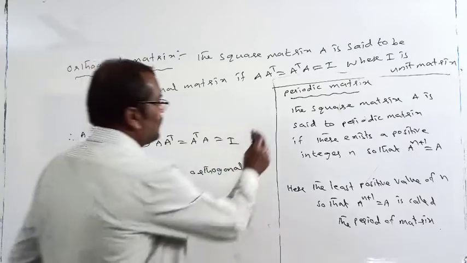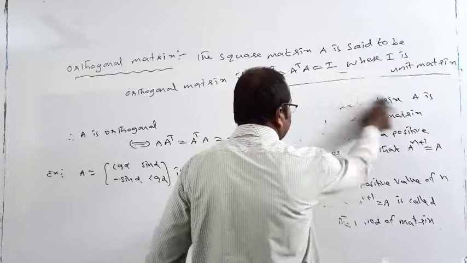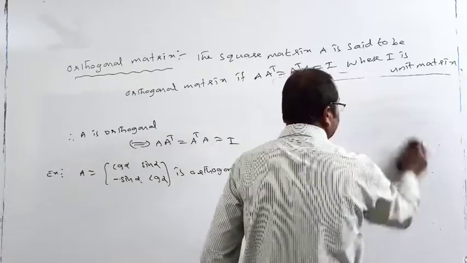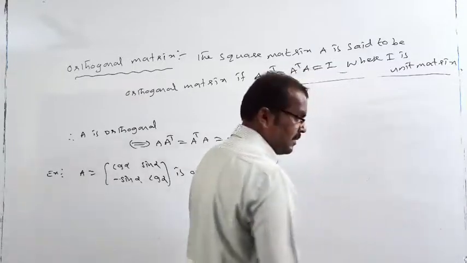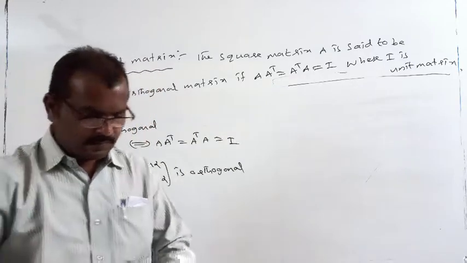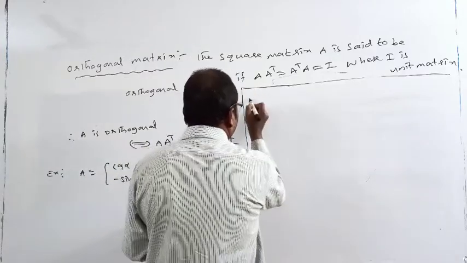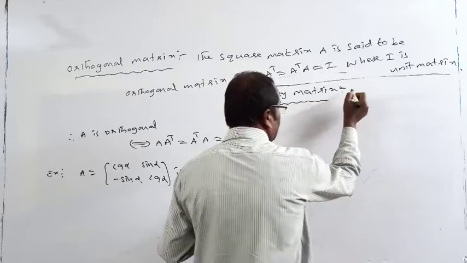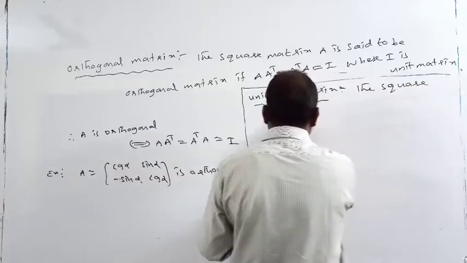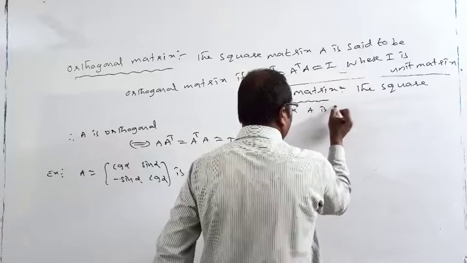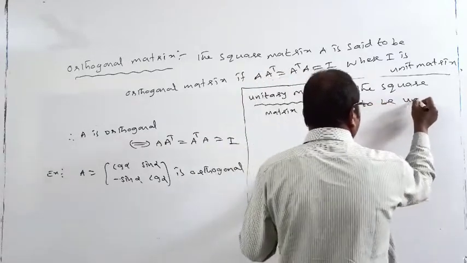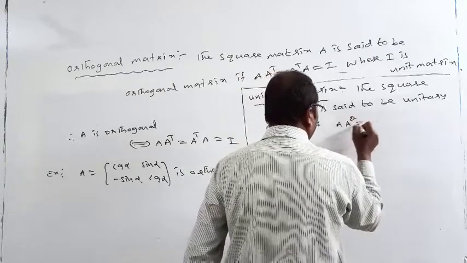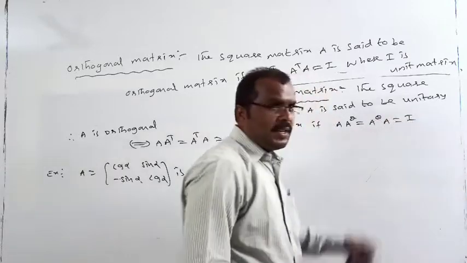Next one is the unitary matrix. The square matrix capital A is said to be unitary matrix if A into A power theta equal to A power theta into A equal to I, like orthogonal matrix.